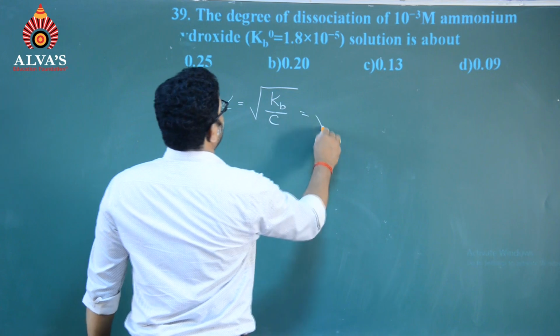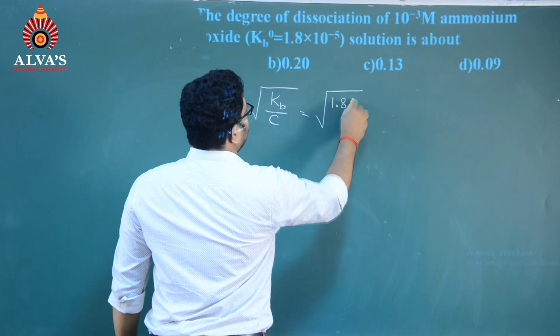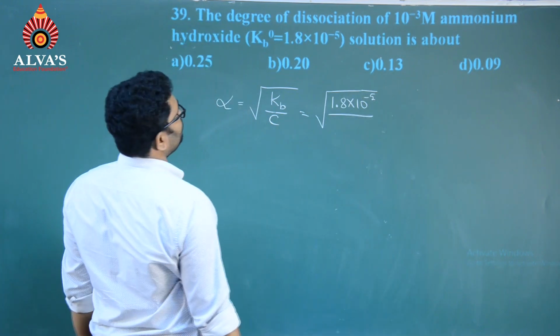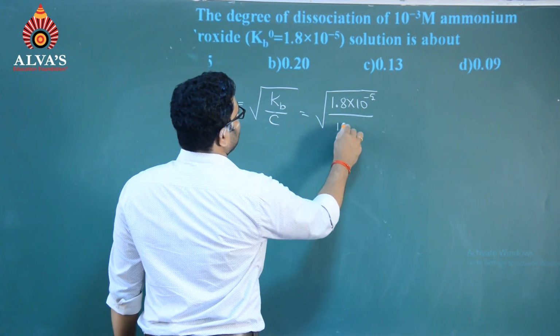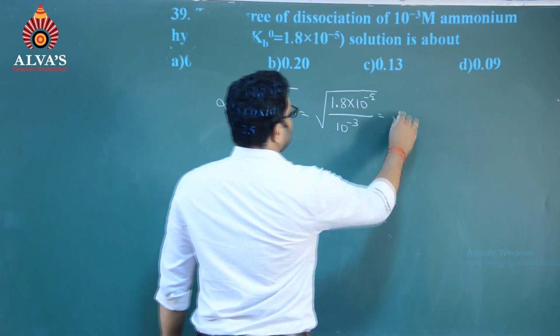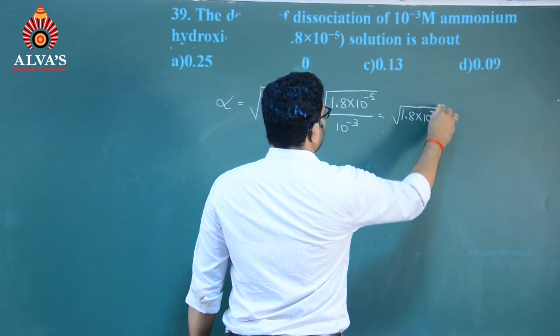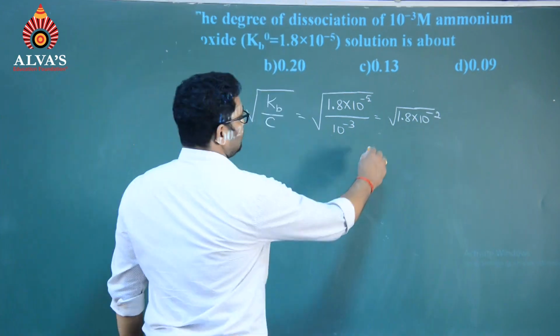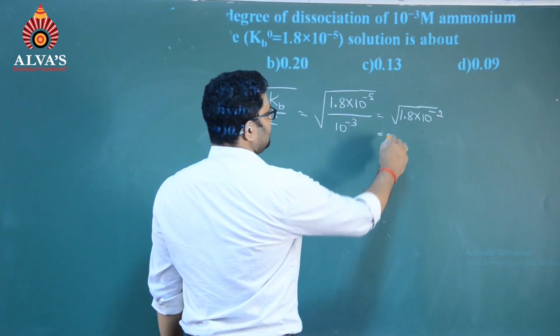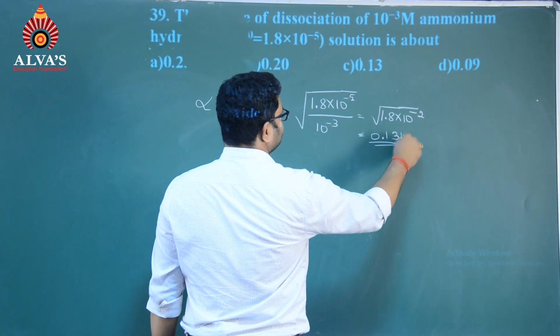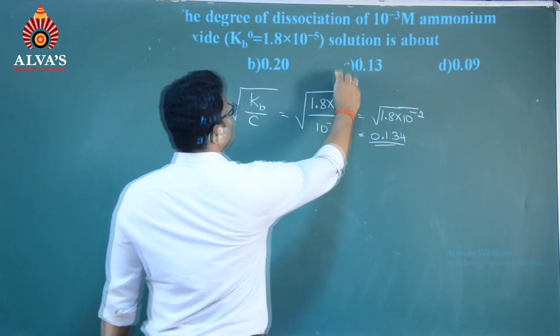The value of Kb is 1.8 into 10 to the power minus 5, and the concentration is 10 to the power minus 3. It is the square root of 1.8 into 10 to the power minus 2. After simplification, the value is 0.134. Therefore, answer is C.